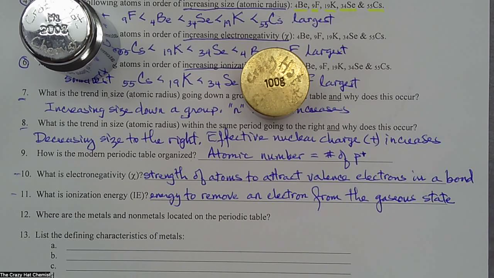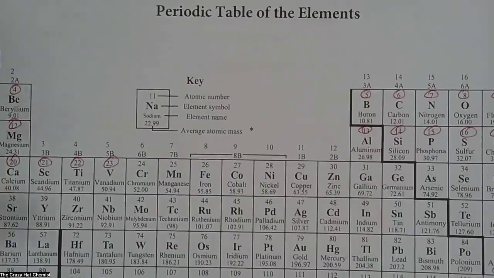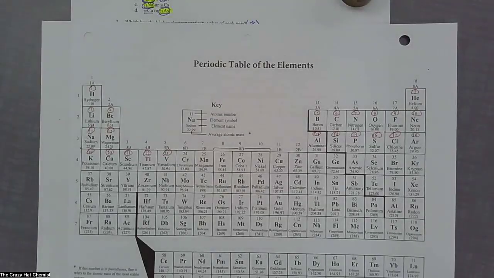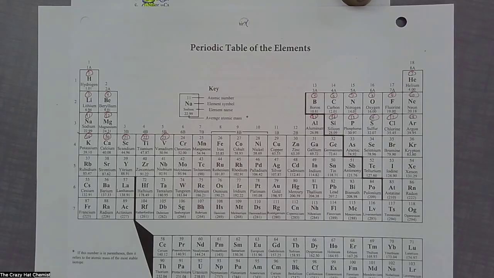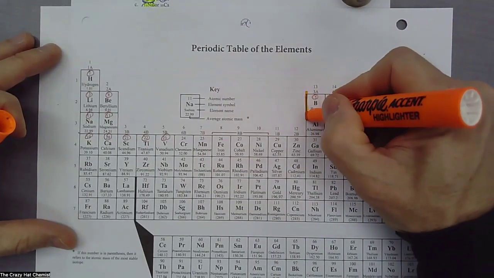Okay? All right, perfect. All right, the next one, number 12, where are the metals and nonmetals located on the periodic table? Well, what we're going to have to do is pull out a periodic table to answer that question. So here we go. Let's pull out a periodic table. So where are the metals and the nonmetals located? There's this beautiful line on the periodic table that I am using.